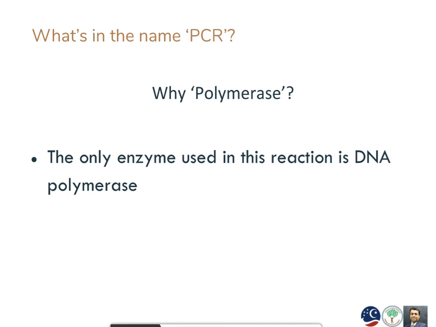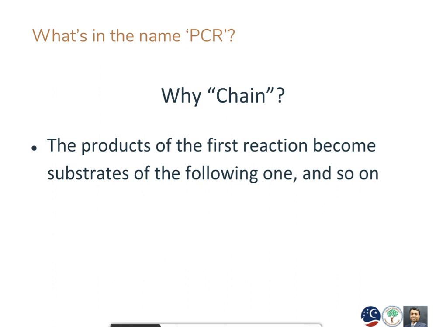Now, what's in the name of PCR, or polymerase chain reaction? This is because the only enzyme we are using in this reaction is the DNA polymerase, and from there the technique got its first name. But why chain?